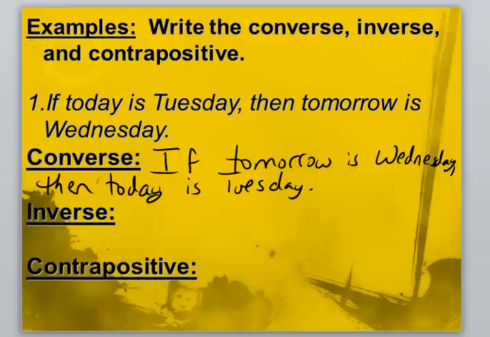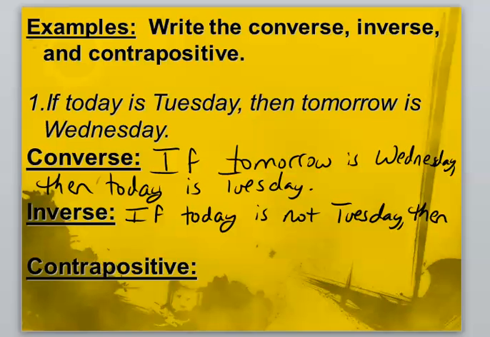So instead of if today is Tuesday, we're going to say if today is not Tuesday. Then, instead of tomorrow is Wednesday, we're going to say tomorrow is not Wednesday. And again, I'm not going to change the wording. I'm not going to say anything about Thursday or Friday or Monday. I was given Tuesday and Wednesday. I need to keep those words.